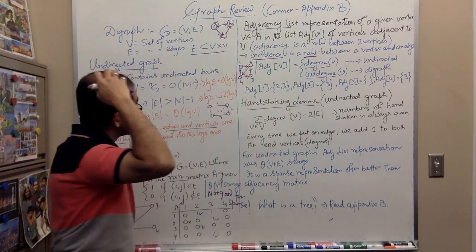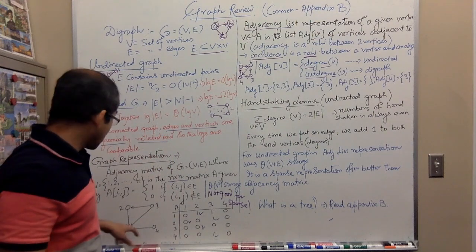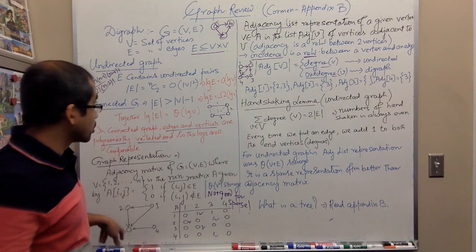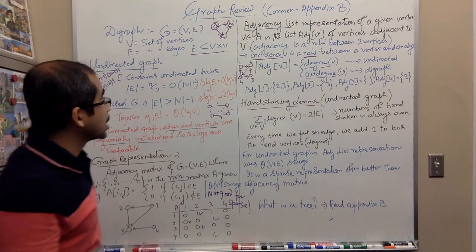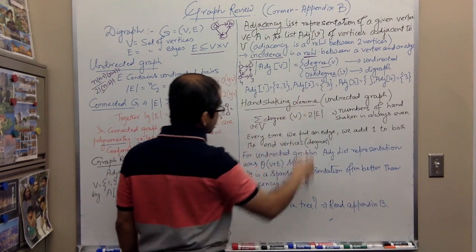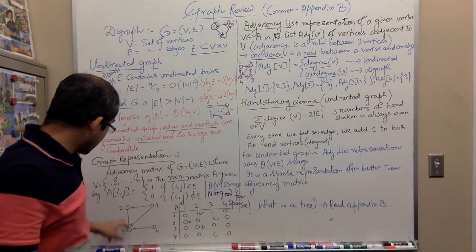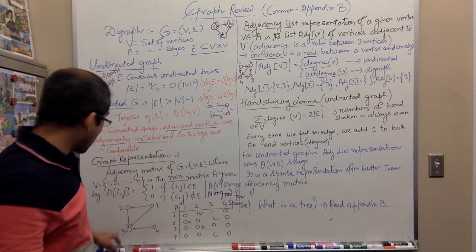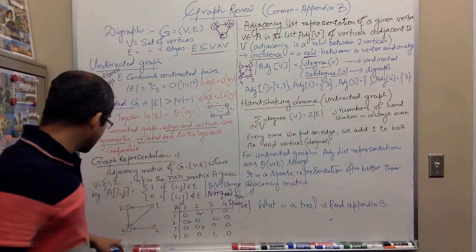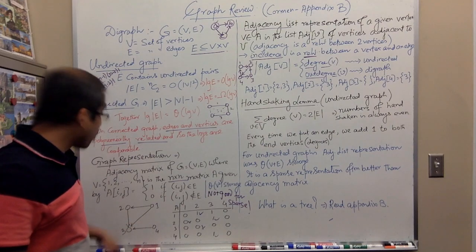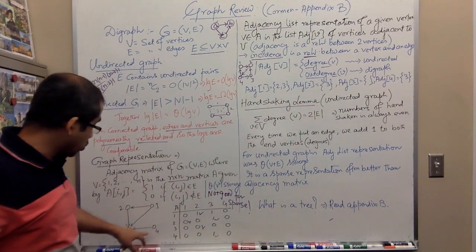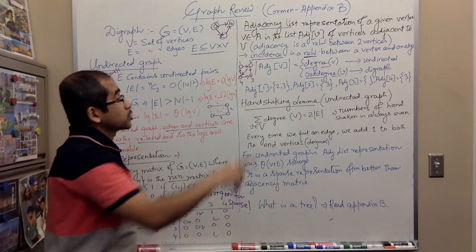Adjacency of 2 is 3, since there is one out edge going to 3. Adjacency of 3 is a null set because there is nothing going out of 3. And adjacency of 4 is 3, because there is one edge going out of 4 towards 3. So that's why we write 3.